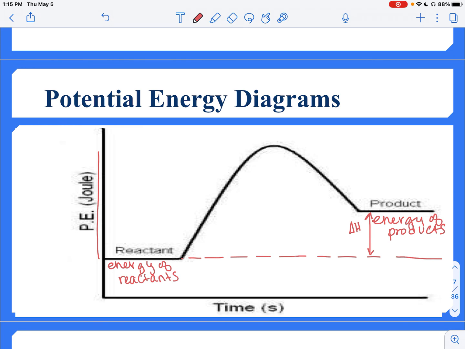Delta is always going to be change in, so delta H is change in energy, enthalpy. So change in enthalpy is the difference between the products and the reactants.